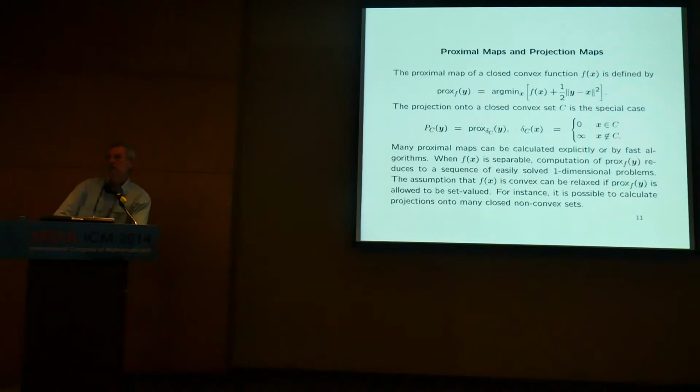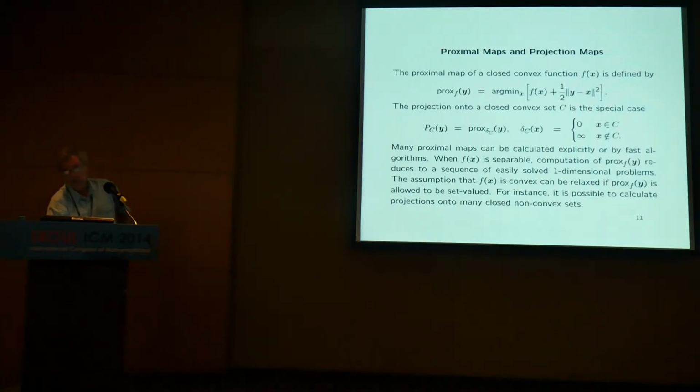Okay, now to talk about these proximal distance algorithms, I want to introduce two concepts that are familiar to anyone who studied convex analysis. One is the proximal map, and it basically takes an objective function f of x, adds a spherical quadratic perturbation to it, and then takes the minimum of that.